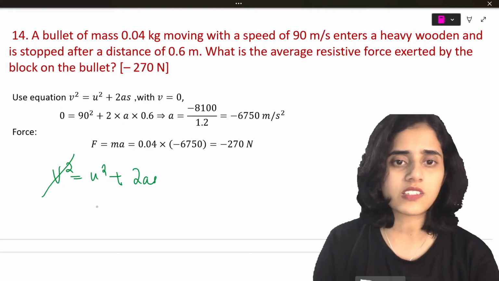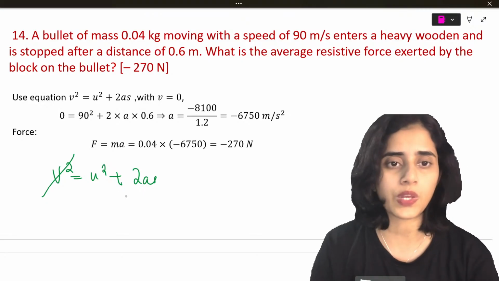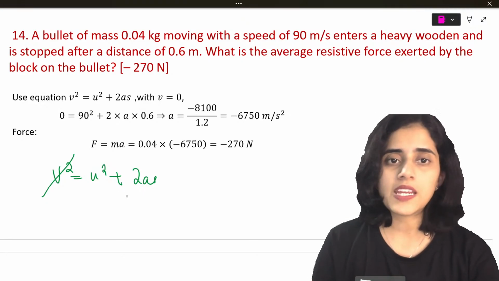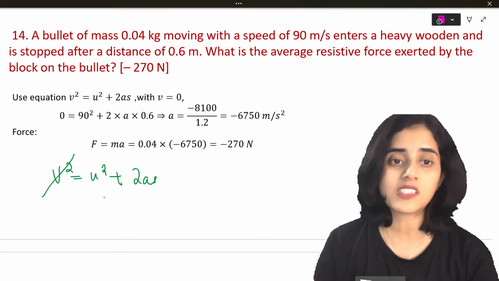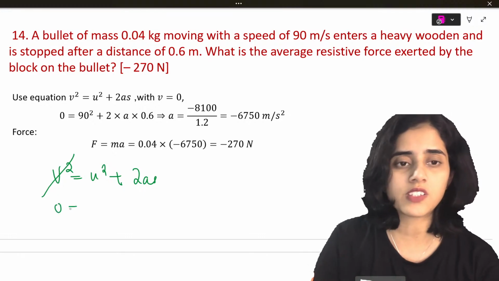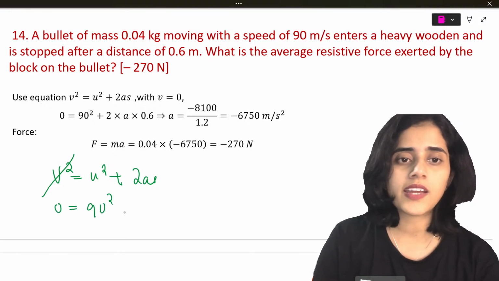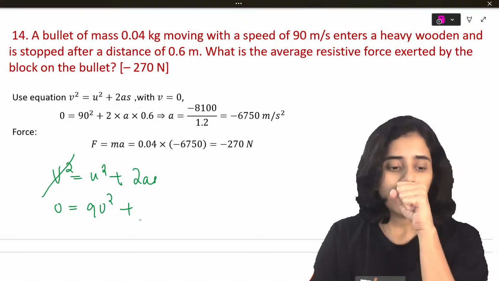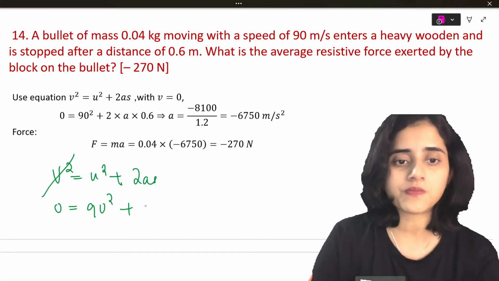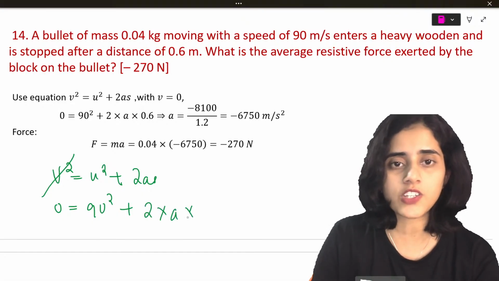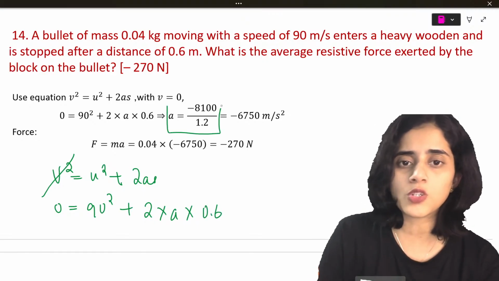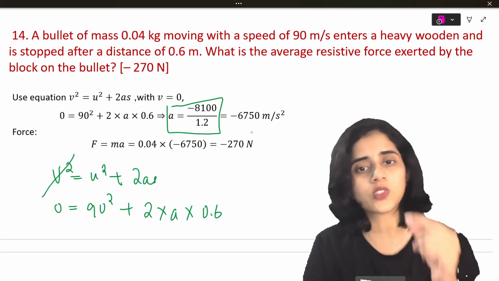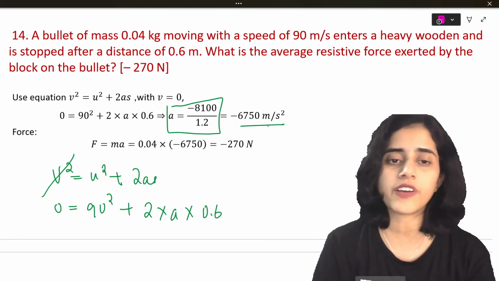Acceleration is not given. Is it given? Not given. Distance s is given as 0.6. So let's substitute that. 0 is equal to 90² plus 2 times acceleration into 0.6. If you do the math, you will get acceleration is equal to minus 6750.